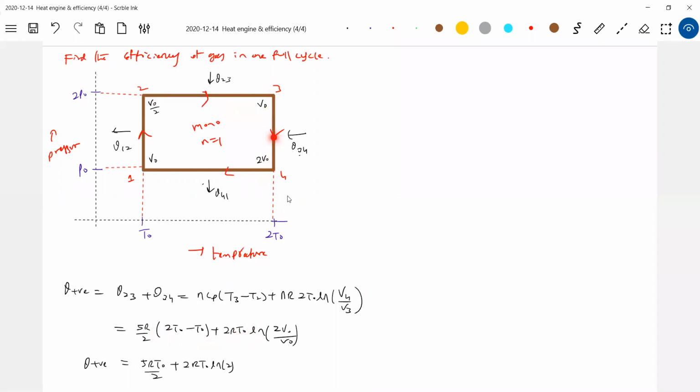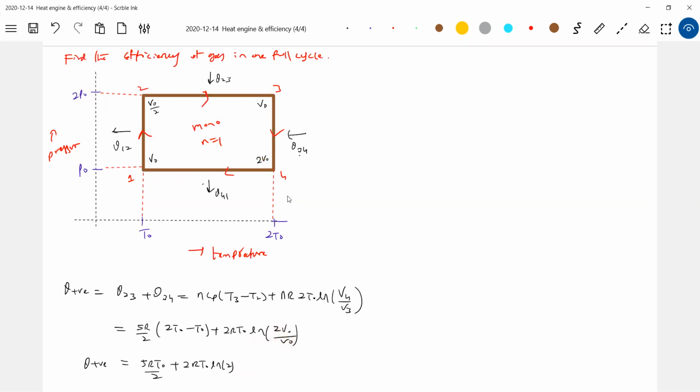Then the isothermal process, nR times temperature of the gas 2 T naught, log of final volume by initial volume, or initial pressure by final pressure. Since you know pressures, you can take help of that also. I just indicated volume, so I expressed it in terms of volume.